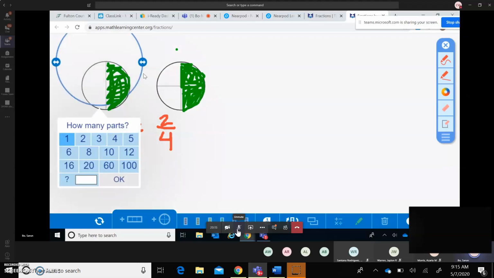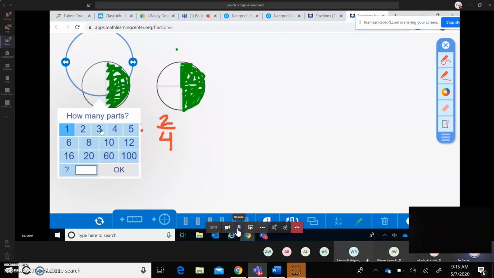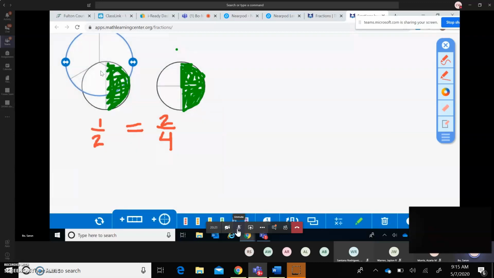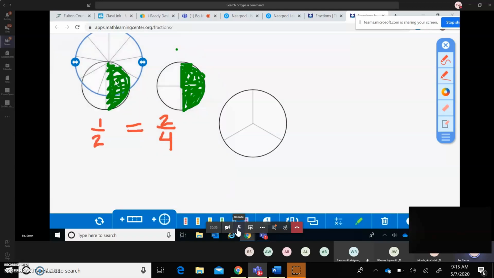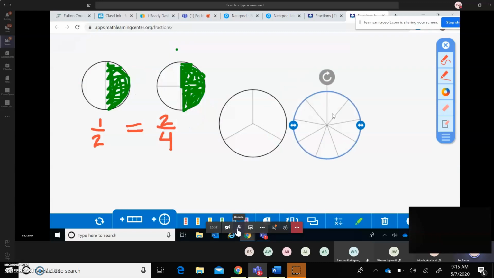we get a little bigger, was thirds. Now the other one, eighths.